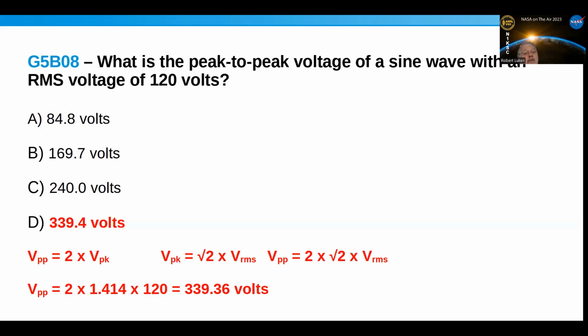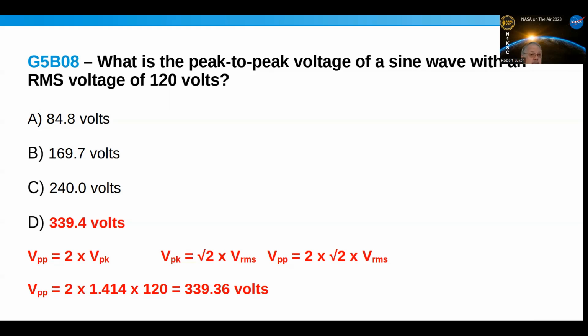So, what do we know? We want to know the peak-to-peak voltage, right? And the peak-to-peak voltage is going to be 2 times the peak voltage. And if we had the peak voltage, we know that's going to be the square root of 2 times the RMS value.